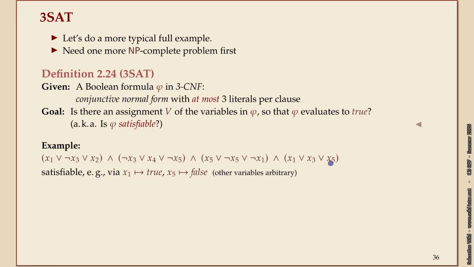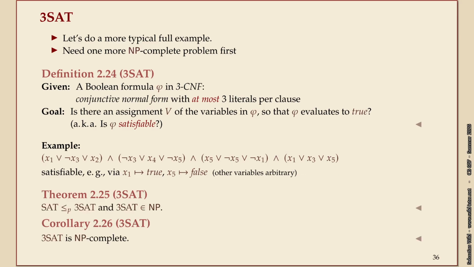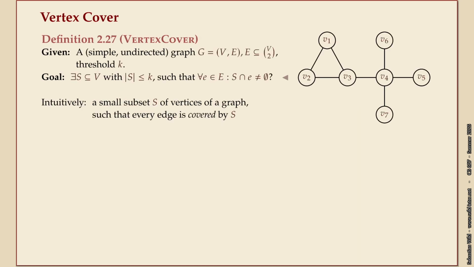So all the inputs look like this, plus each of these clauses has at most 3 literals in it. A literal is a variable or the negation of a variable, and a clause is the OR of 3 such things, of 3 literals. And you can show that this is NP complete. Some of you will look at that.